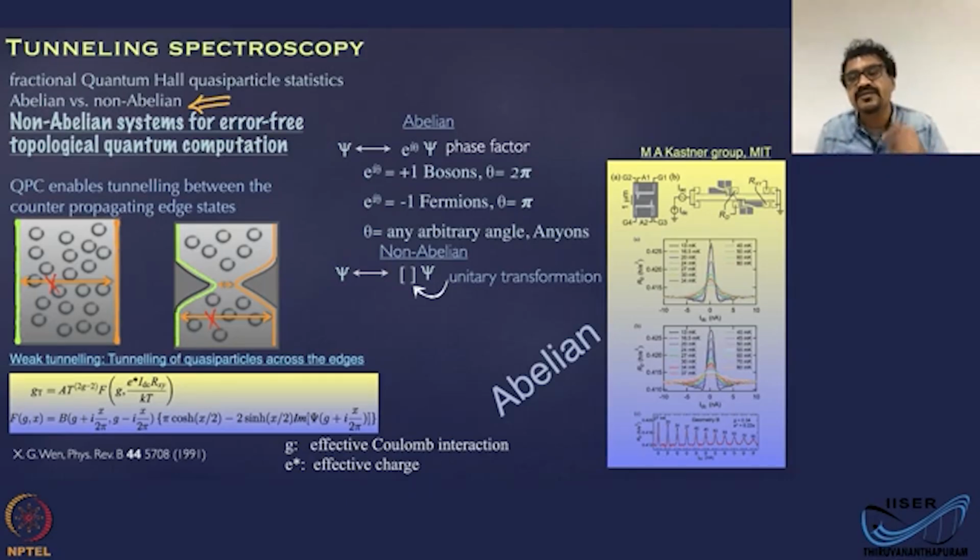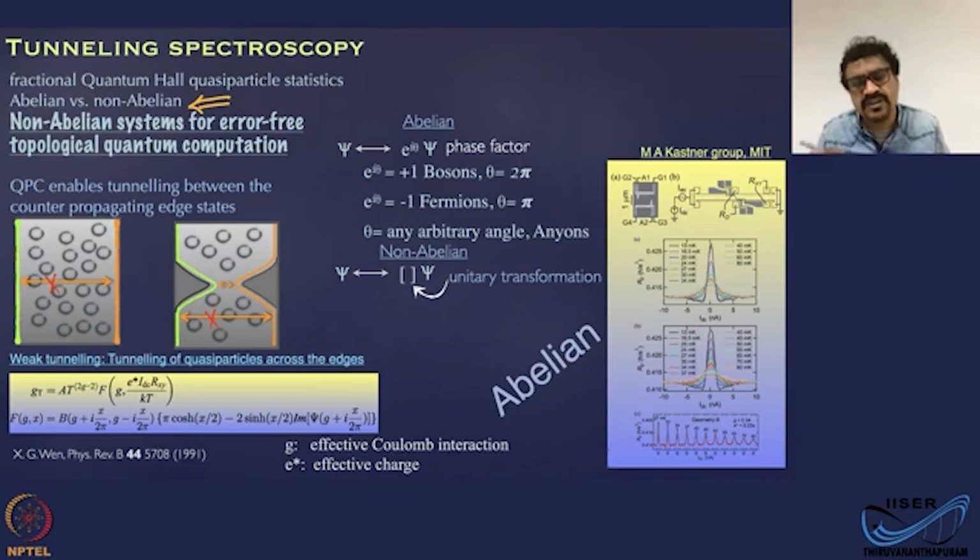That is the concept. And in one of these experiments by Kastner's group at MIT, by interpreting the results of their experiment, they have proposed that this 5/2 state could be abelian.